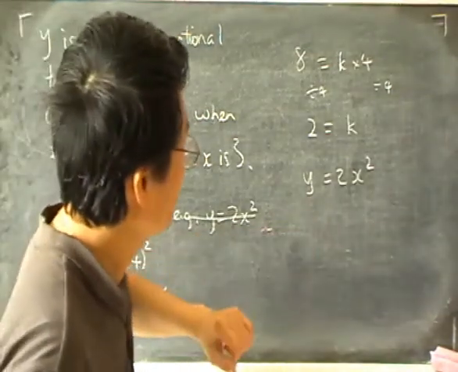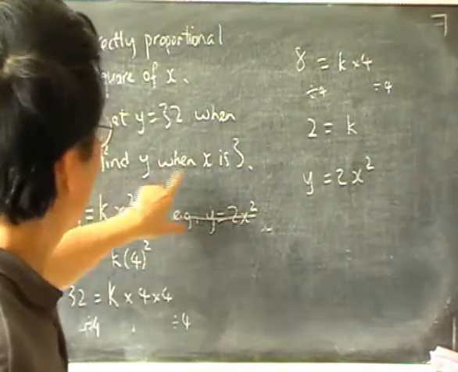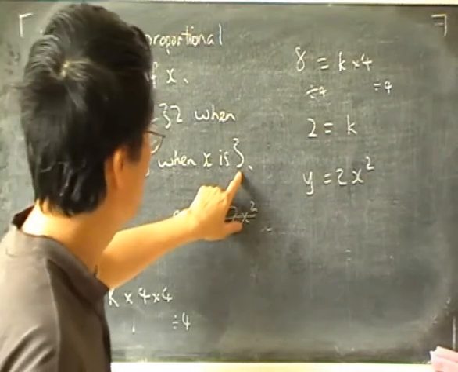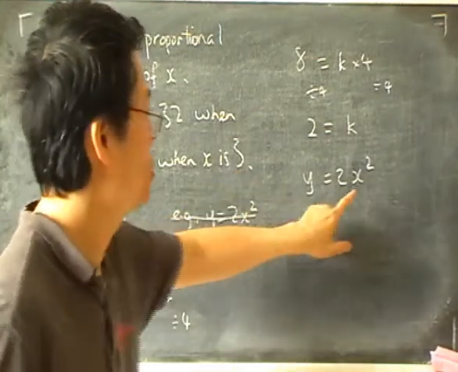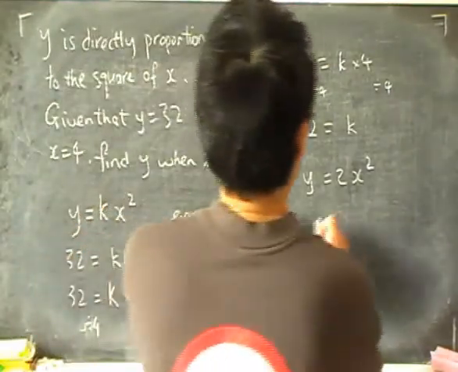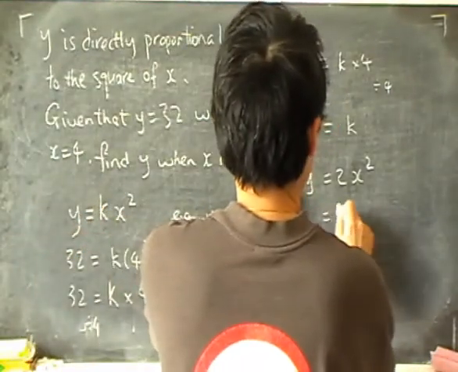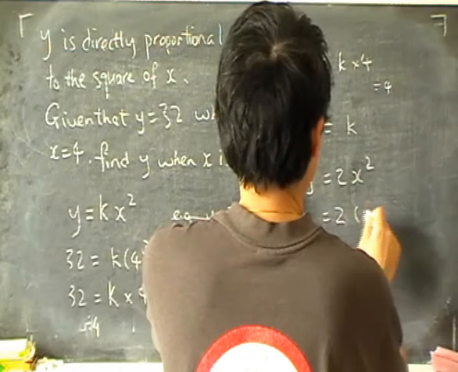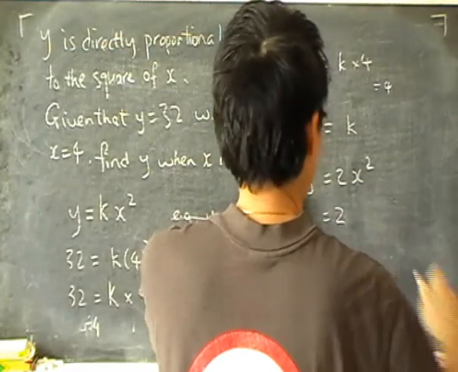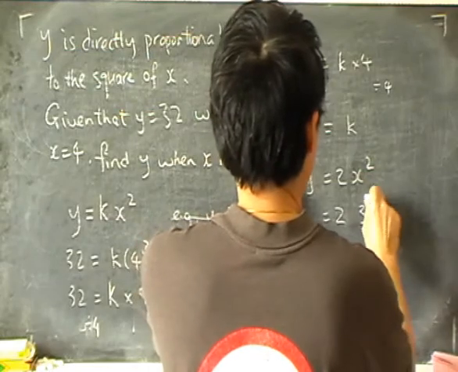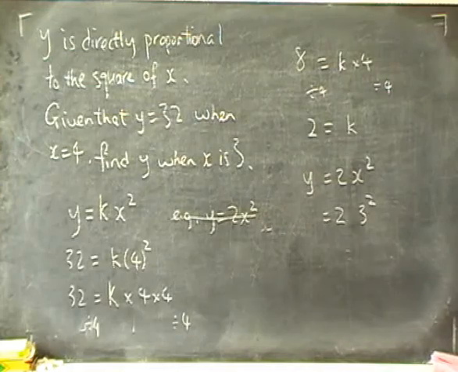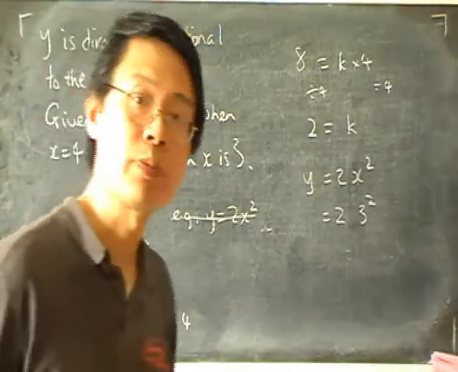Okay, let's look at this. Find y when x is 3. This means that we must substitute x equals 3 into that. 2, 3 squared. Now again, this is where we have to be careful.